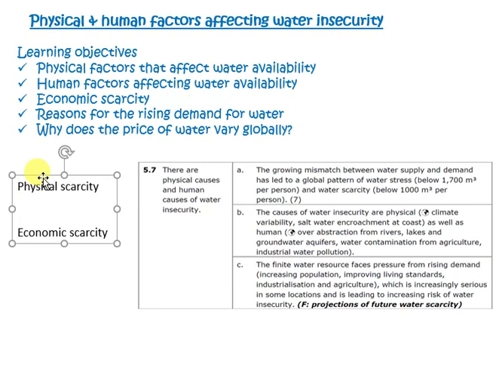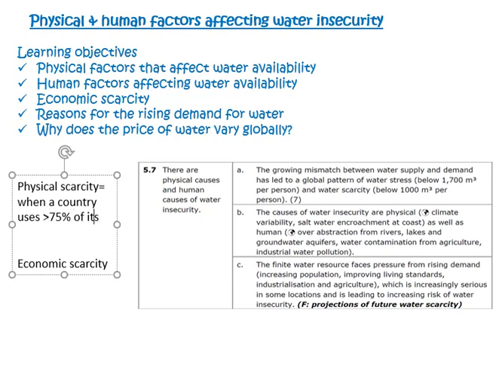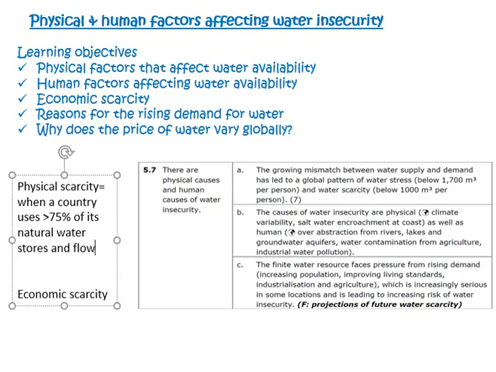So physical scarcity, this occurs when a country is using more than 75% of its water stores and flows. So when a country uses 75% of its natural water stores and flows.